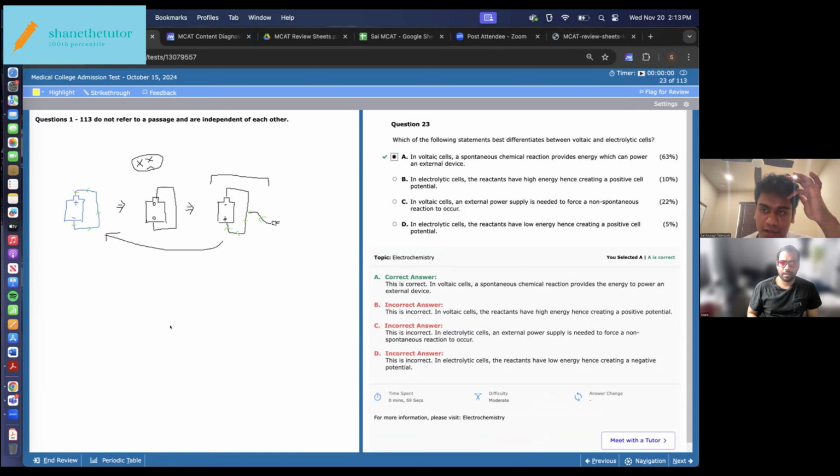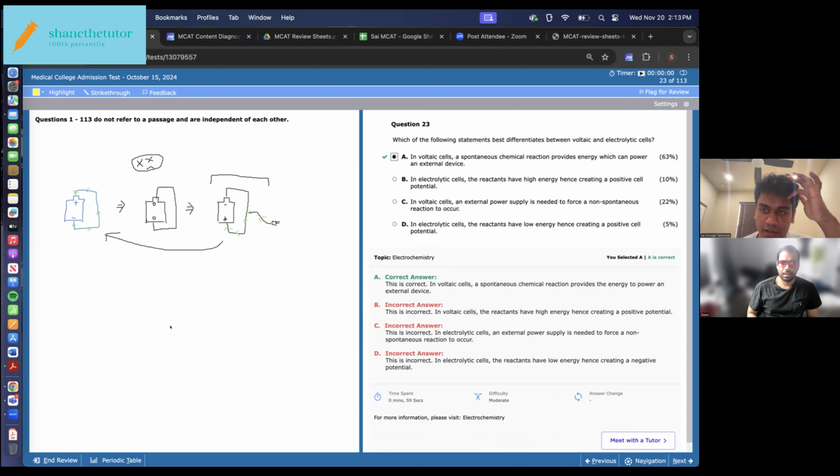You might see that written as cathode potential minus anode potential or something like that, which is fine. I just think it's more intuitive to do it this way, but you'll get the right answer.